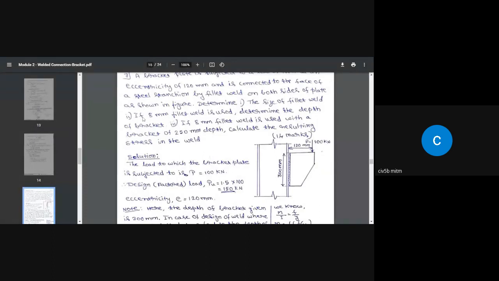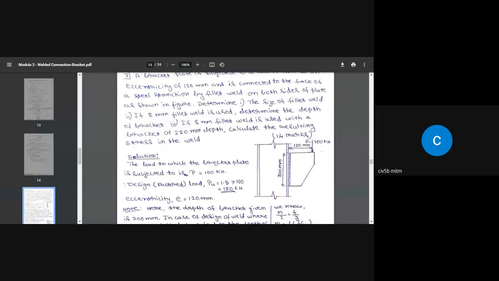So the second part of the problem is, if you are using 8 millimeter fillet weld, what is the depth of the bracket we need? That is another part of the problem. And the third part of the problem is, if 8 millimeter fillet weld is used with a bracket of 250 millimeter depth, calculate the resulting stress in the weld.